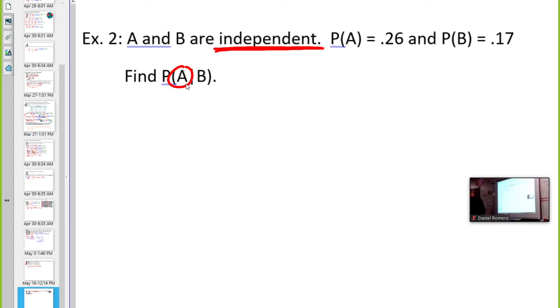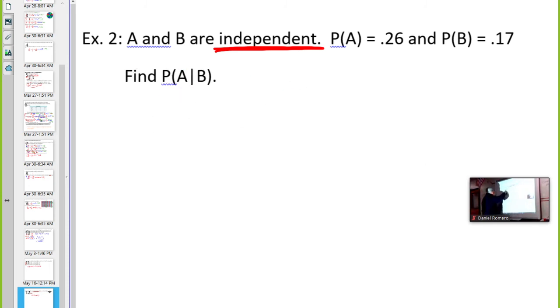So what's the answer? No, come on. If the events are independent, if they were to ask you for the probability of A and B, then we do it the same way we did last time, where you're just multiplying. But they're not asking for that.